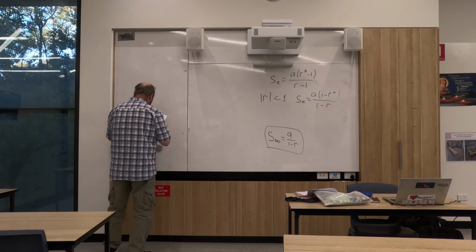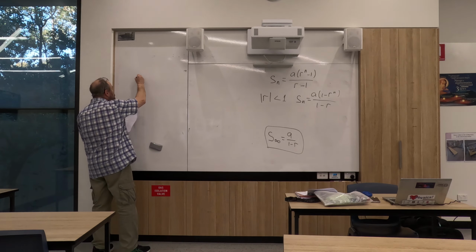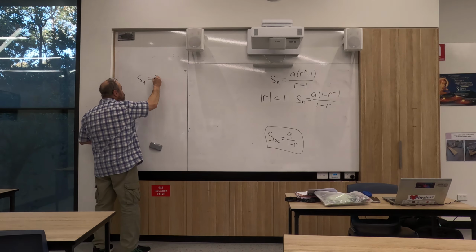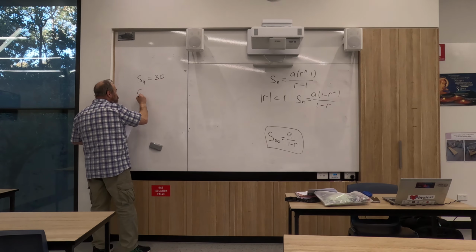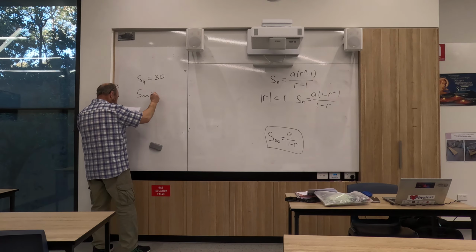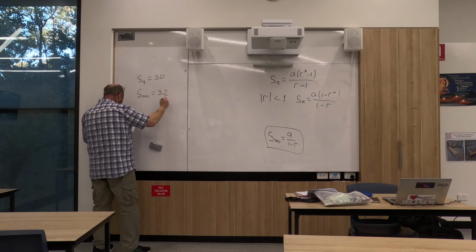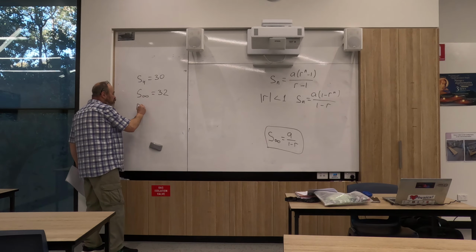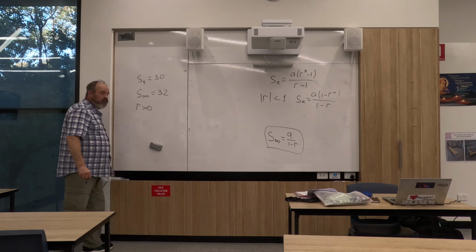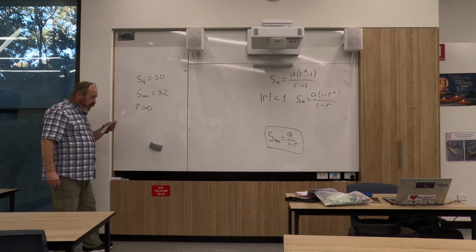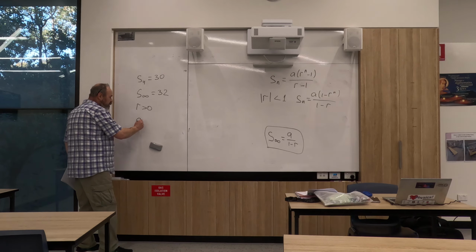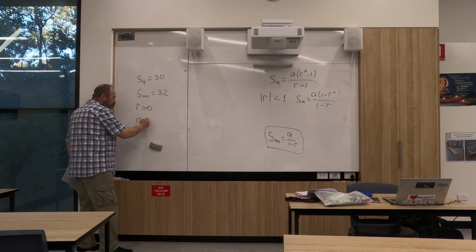The sum of the first 4 terms, so we have S4 equals 13, and the sum to infinity equals 32. And it's given that r is greater than 0. And we need to find the first 3 terms, so we need to find a and 2 more terms.